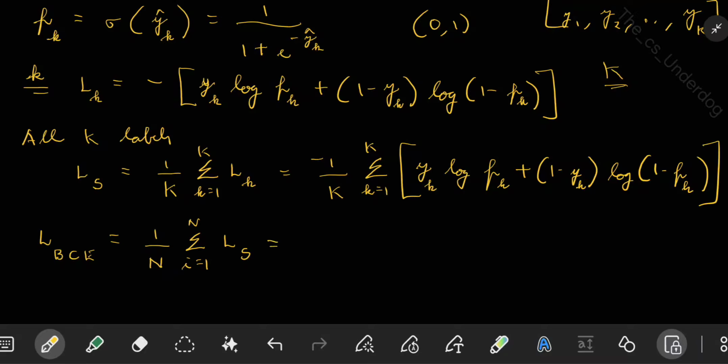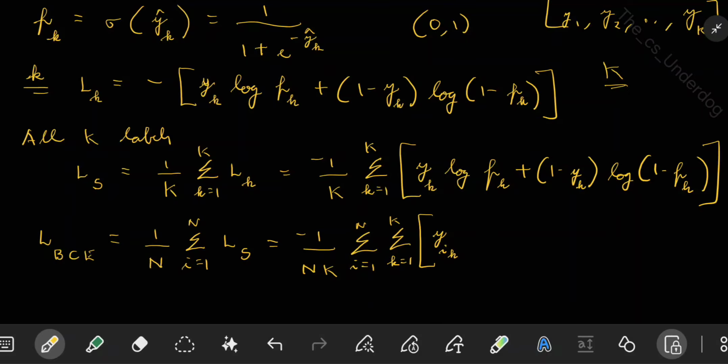So if I substitute it, what happens? This will be minus 1 by nk sigma i is equal to 1 to n sigma k is equal to 1 to k. What will be inside? This time I have to write yik, that is the label corresponding to the ith sample and then kth class in that sample.